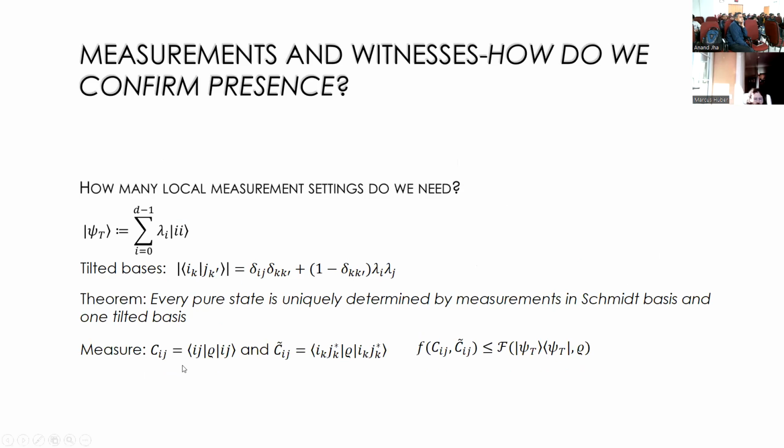And the idea is rather simple again. If every pure state is determined by two measurements, maybe we can just do these two measurements according to the state we wanted to create and use these two correlation matrices to lower bound some measures of entanglement.